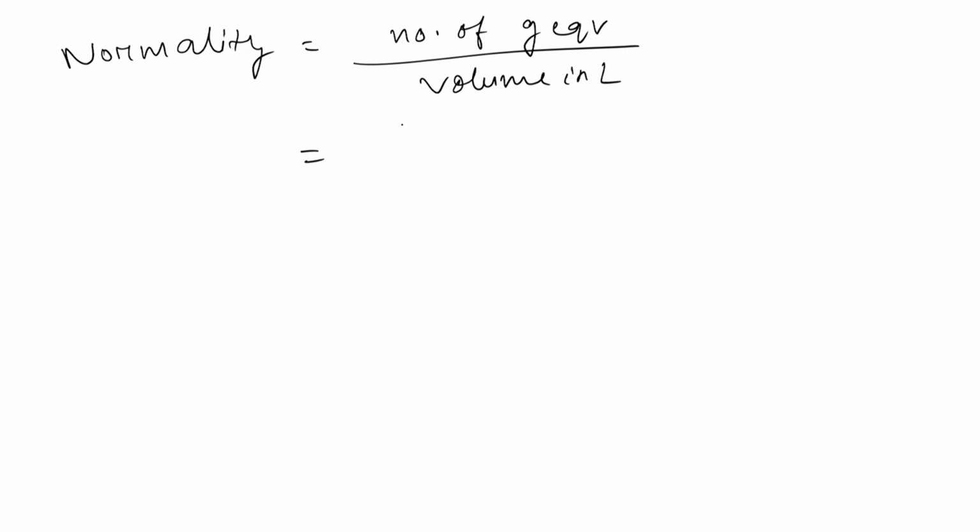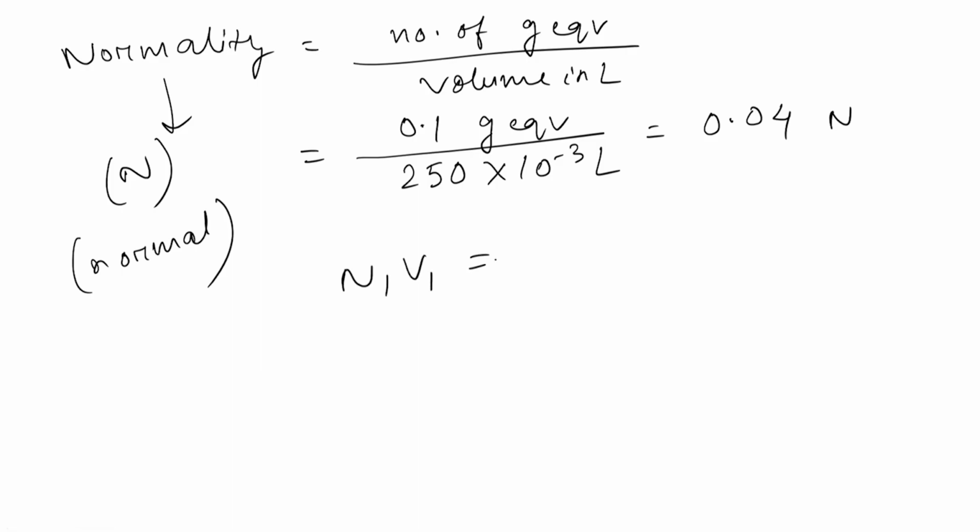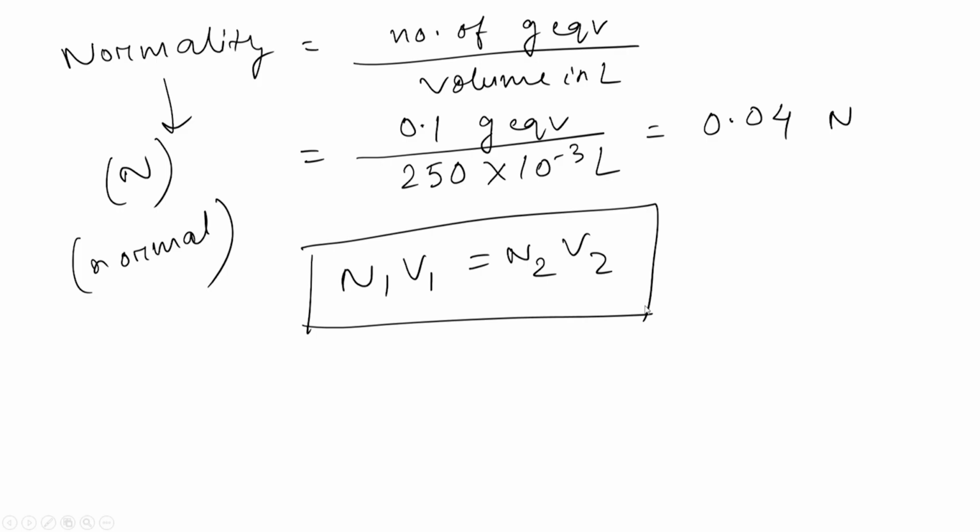This is equal to 0.1 gram equivalents divided by 250 ml solution. So 250 into 10 to the power minus 3 liter. So this comes as 0.04 normal. So normality is written by capital N. It is normal. Okay. So like molarity, we can also dilute a stock solution in normality by N1V1 equal to N2V2.